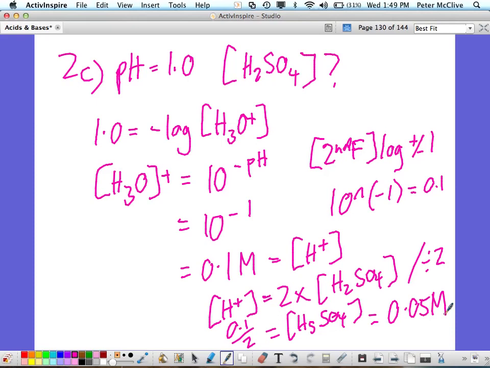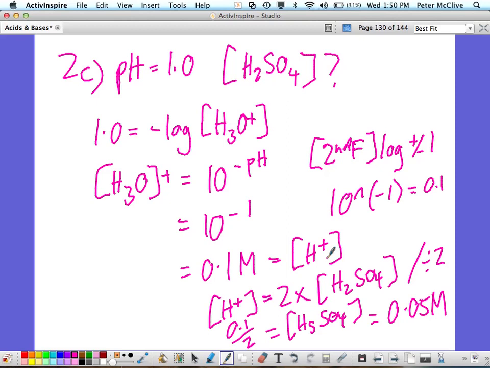So do we have a 2 because it's 2? Yeah, because this concentration that we've calculated was the total concentration of hydrogen ions, which is twice as much as the actual concentration of the acid molecule.